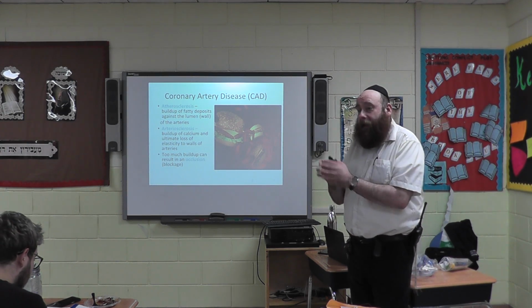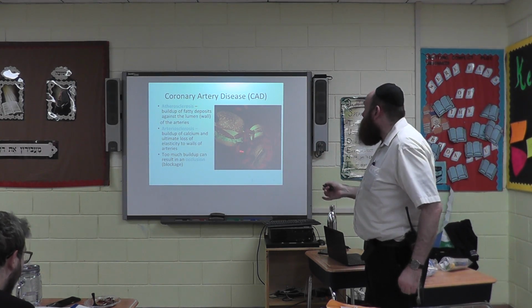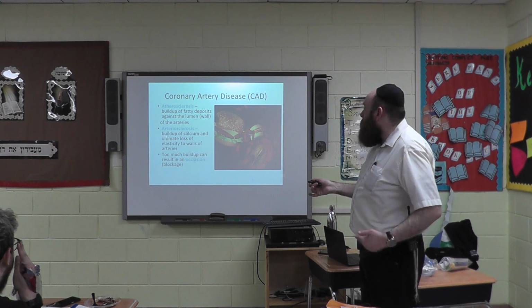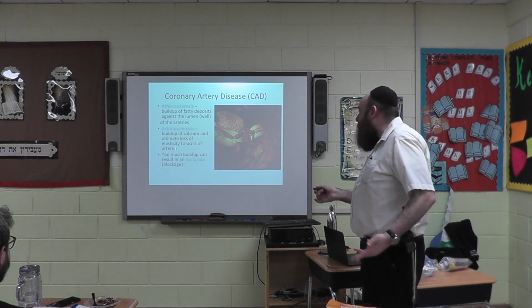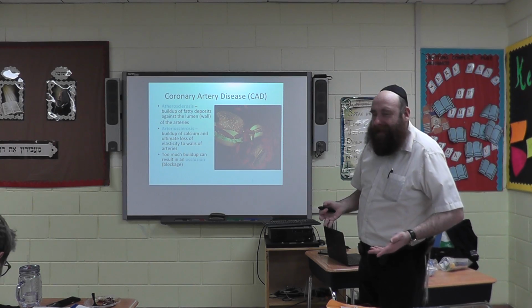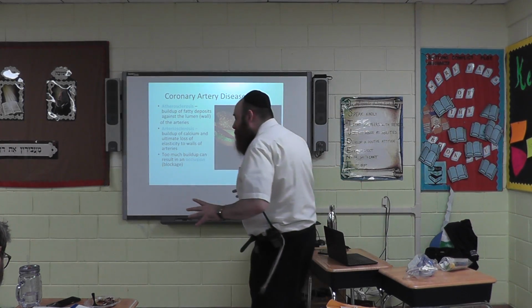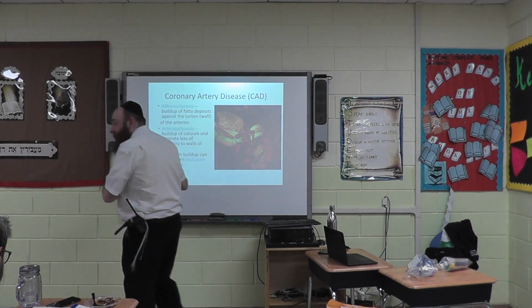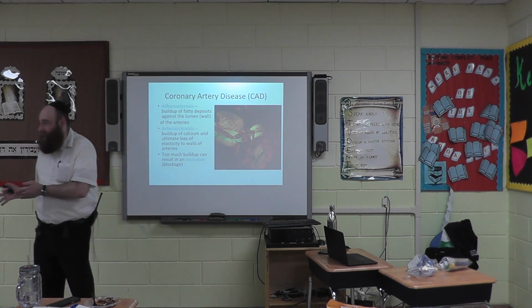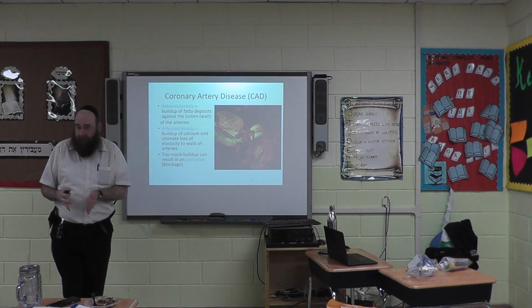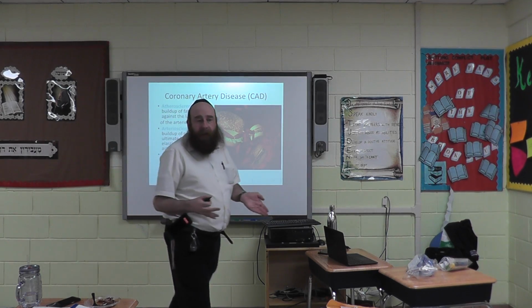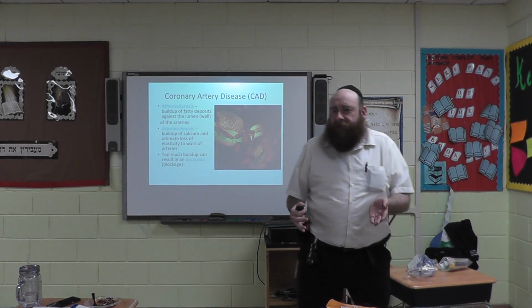Lumen is the inside of any tubular pipe. Okay? And arteriosclerosis will be a buildup of salts, calcium, and loss of elasticity. What I'm telling you is that there will only be one of these answers in any possible question, and that'll be the right answer, if that's what it's talking about. Do you understand me? Is that clear?